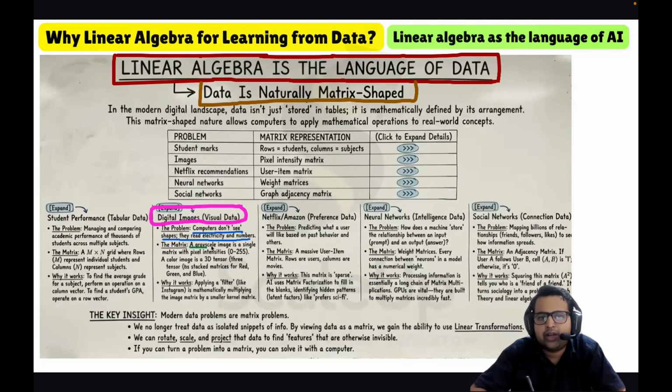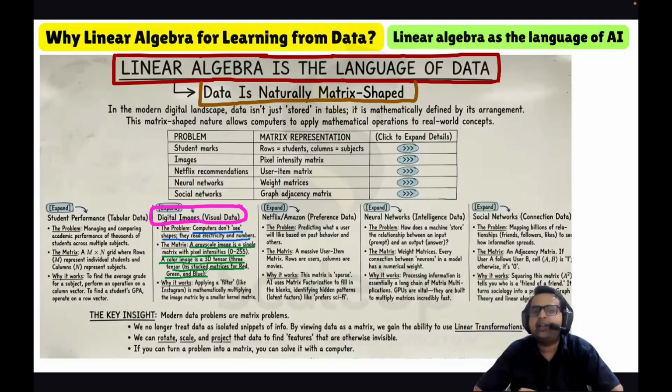A grayscale image is a single matrix with pixel intensities 0 to 255. A color image is a 3D tensor, a stacked matrix, with 3 stacked matrices for red, green, and blue.